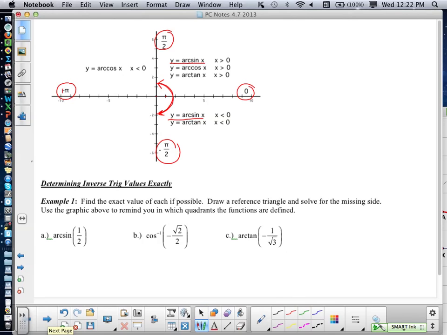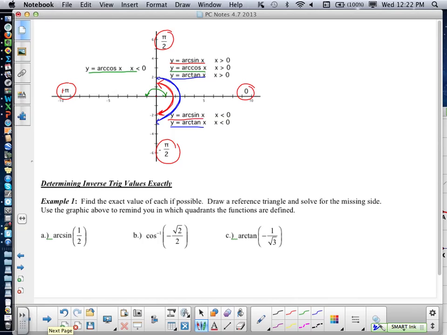Our arccosine function is defined in the first and second quadrants, or from 0 to pi. And that corresponds with what we just talked about on the graph for our cosine. And then the arctangent, like the arcsine, happens to be defined from negative pi over 2 to positive pi over 2. So those are the values where you'll find arctangents.